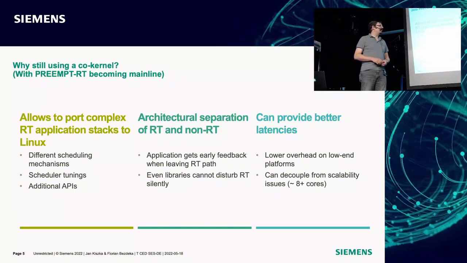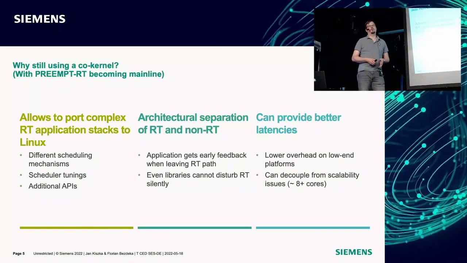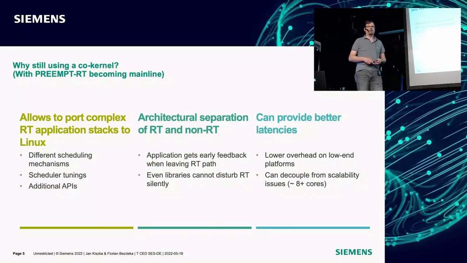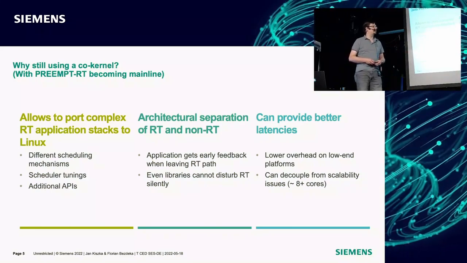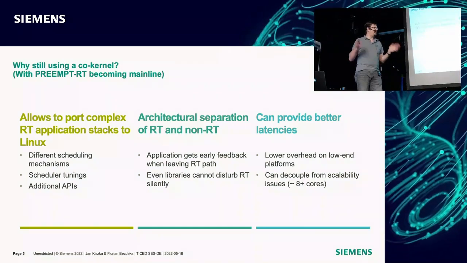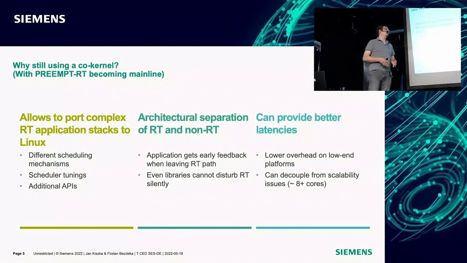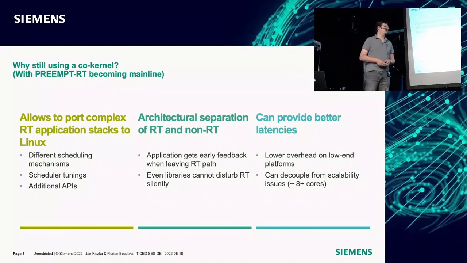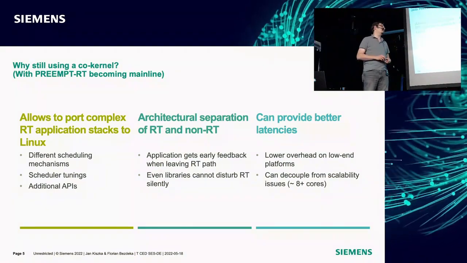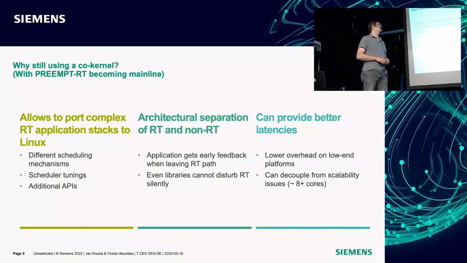If you're looking for the real differences, you have to look at lower end hardware today, or you have to look into areas where it comes to high scalability, but to be honest, we rarely hit this in our devices, or into the cases where you have a highly loaded system, so where your real-time and your non-real-time workload cannot be separated between different cores but have to be co-located. There, this separate architecture helps also to get better performance numbers out of this, better latency numbers out of this.